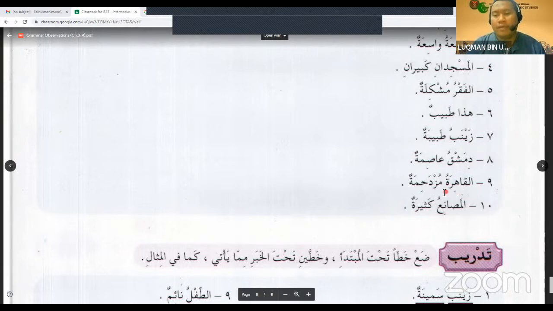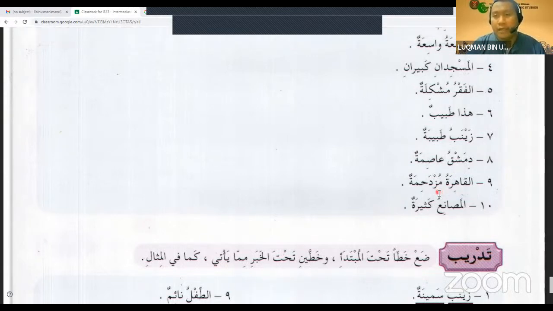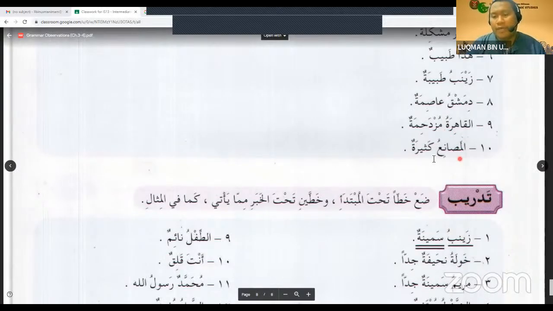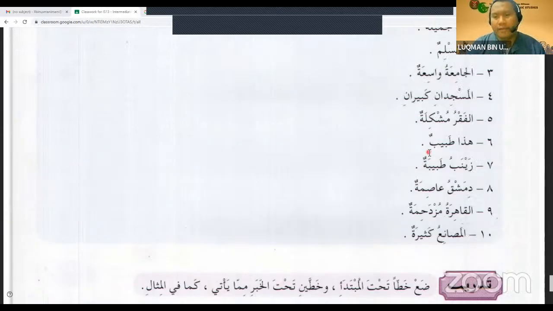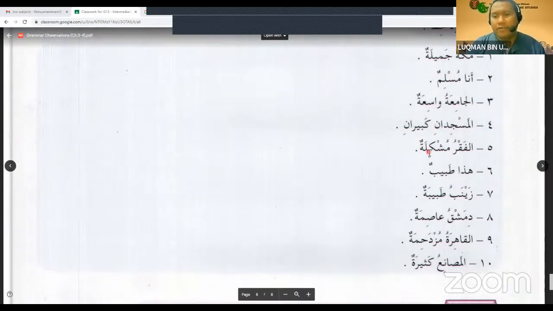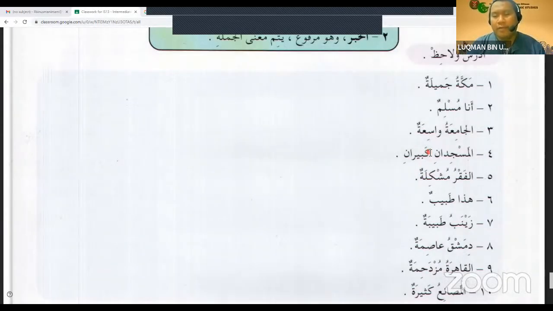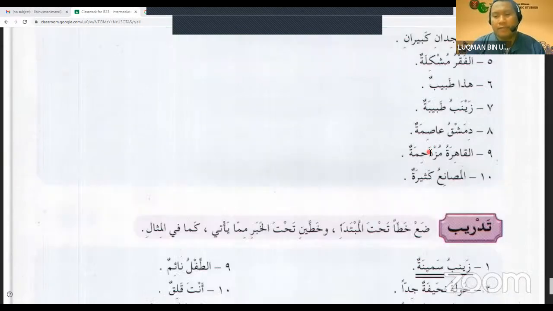Al-Qahiratu muzdahimatun. Cairo is overpopulated, overcrowded. Al-masani'u kathiratun. The factories are plenty. Okay. So these are simple sentences composed of mubtada and khabar, subject and predicate.